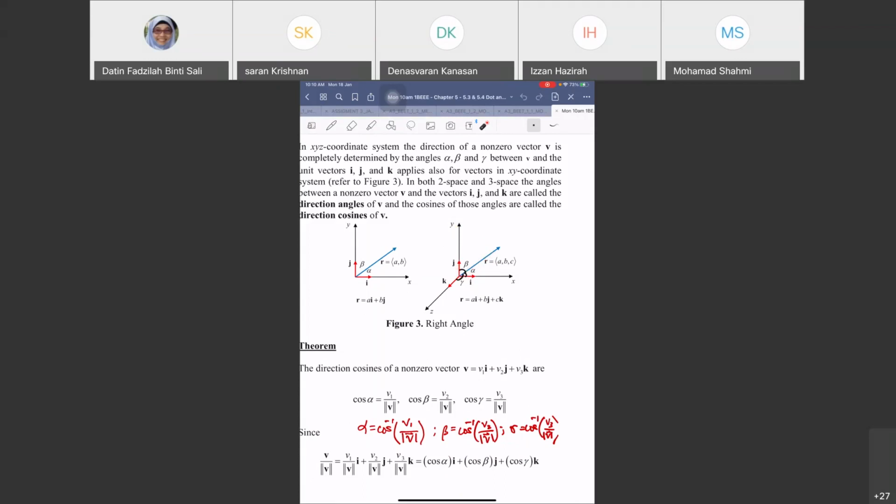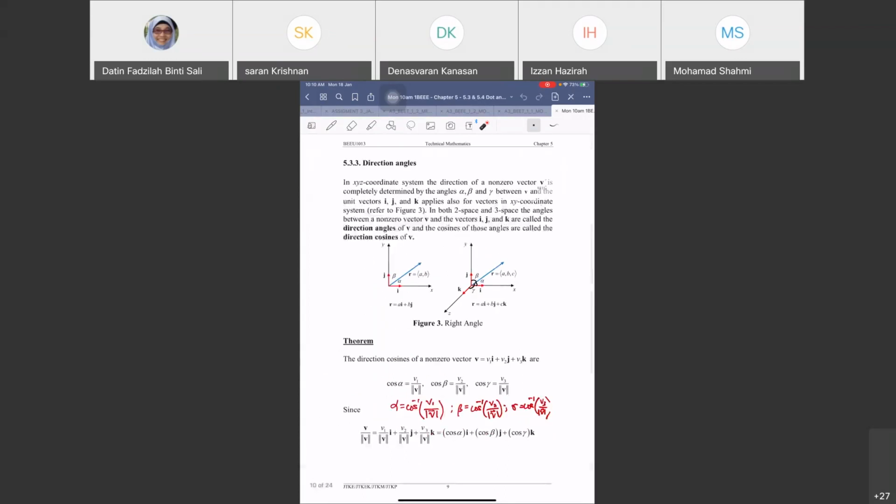You have your alpha, beta, gamma. You also have a formula to find the direction cosines or direction angles. That's what we covered last week.